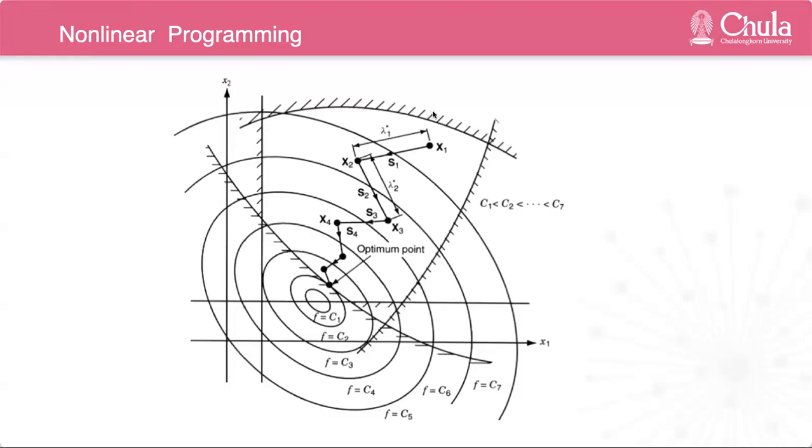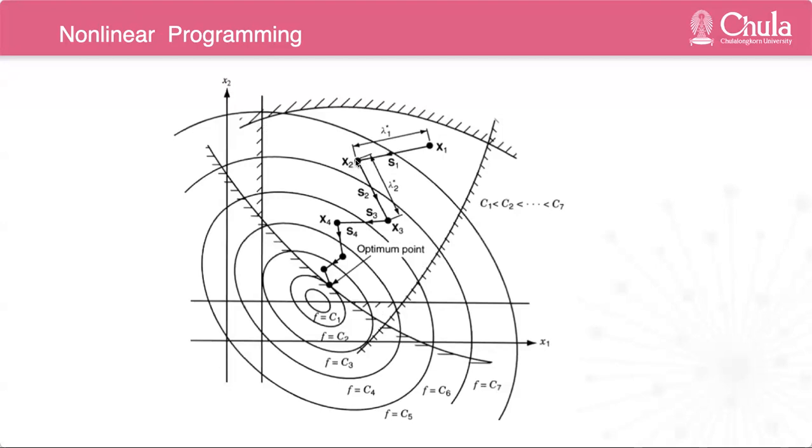If we start from any point on the surface of this objective function, first we find a suitable direction, and we move along that direction for a certain length until we reach a new point.